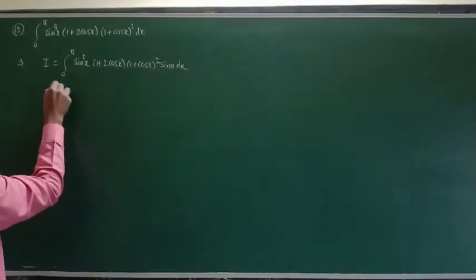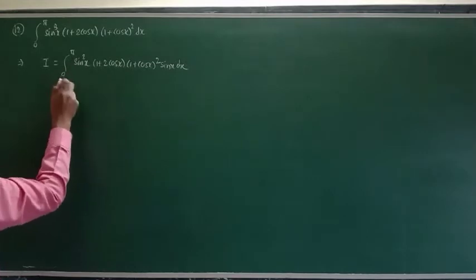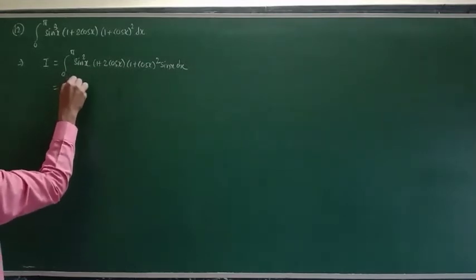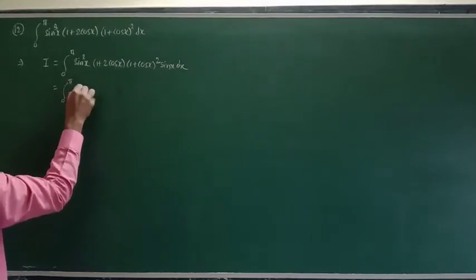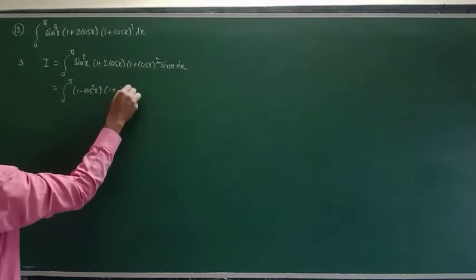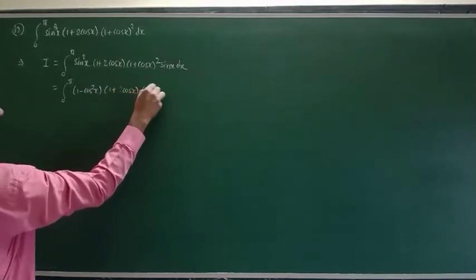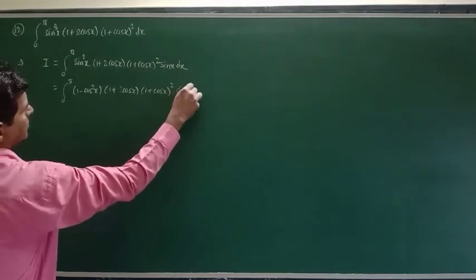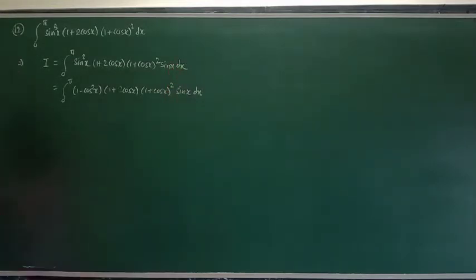Now I use the formula for sin square x. What is the formula for that? 1 minus cos square x. So integral 0 to pi (1 minus cos square x) into (1 + 2 cos x) into (1 + cos x) bracket square into sin x dx.